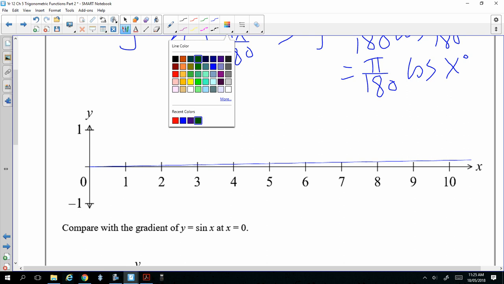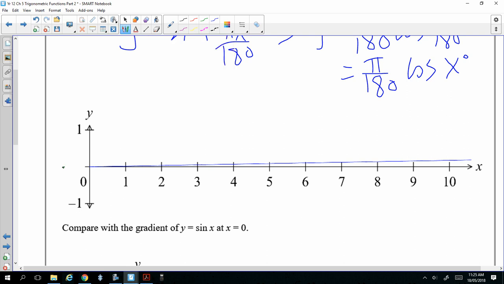So if you draw the tangent at the origin, which is like this, that's the tangent, which is very low, right?